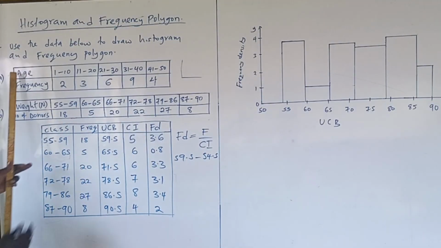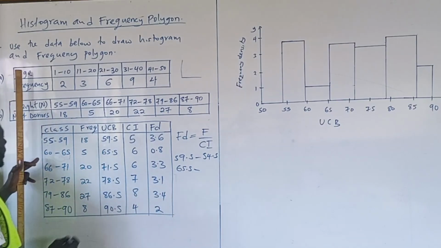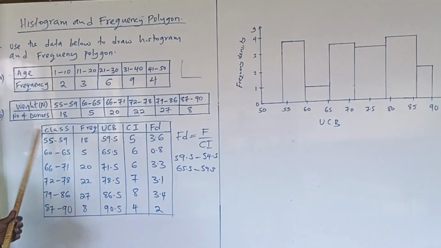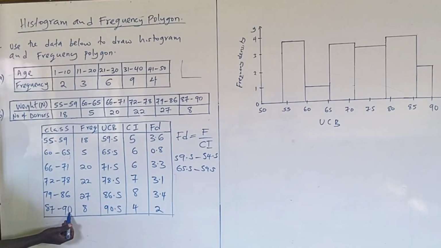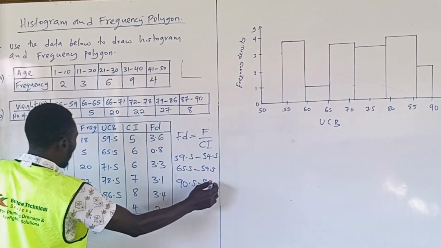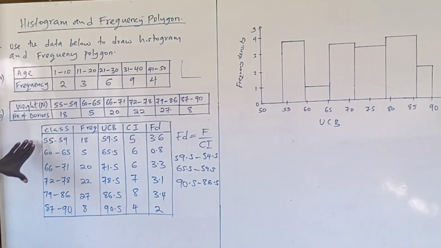Here it will be 65.5 minus 59.5. You subtract to get 6. So you get the class interval here. It will be 90.5 minus 86.5. Now how do you normally get the lower class boundary?